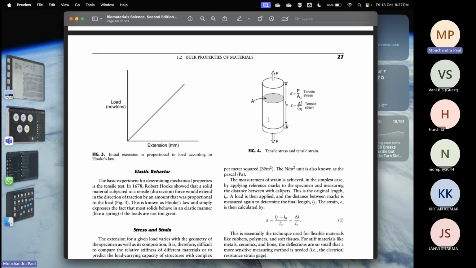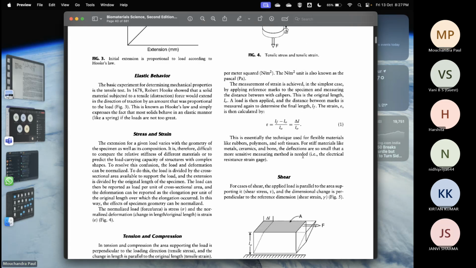So if L naught is the original length, due to tensile force, some additional length has been added, that is delta L. Then the tensile stress can be expressed by F by A. A is the area perpendicular to this force. Whereas strain can be expressed as the change in length, how much additional length has been added due to force, that is delta L, divided by L naught.